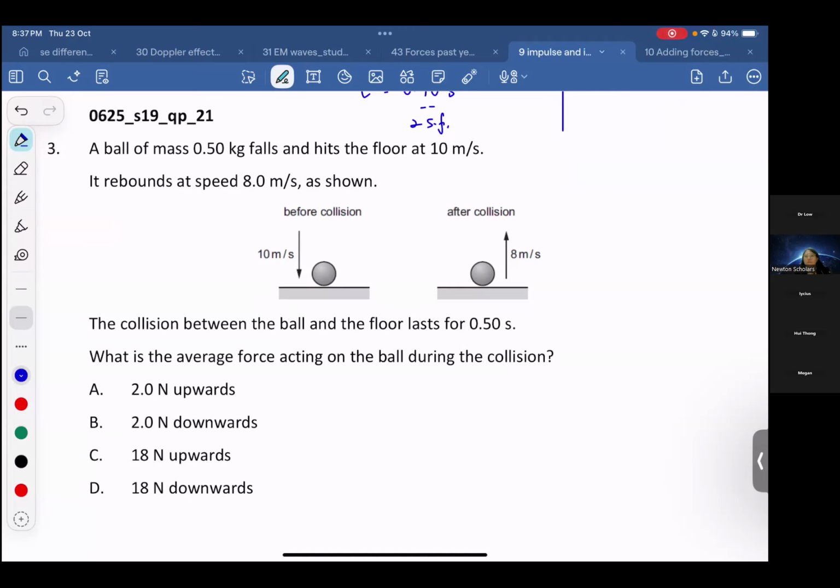Oh, Emily, let me have a look. No, Emily, be careful with the direction. I give you guys one more hint. Going down initially, I can put positive. If they rebound, keyword rebound, that means opposite direction. I have to put a negative for the direction.